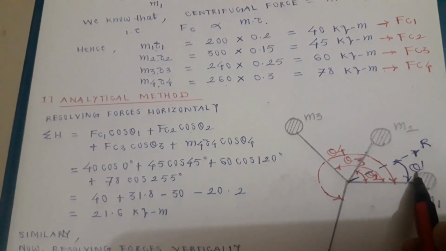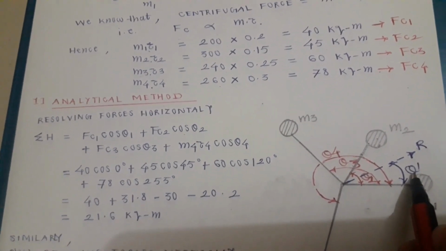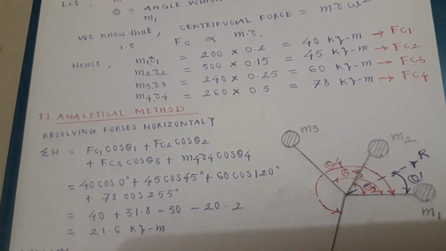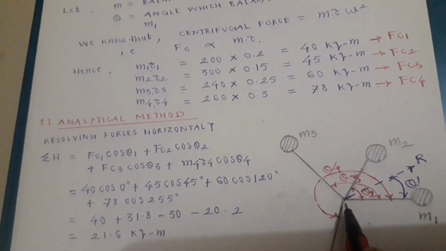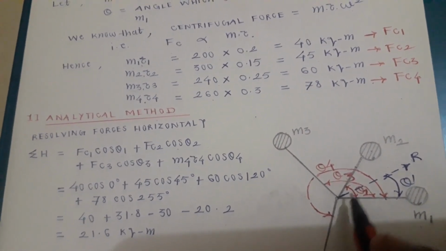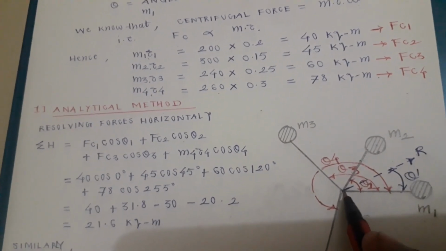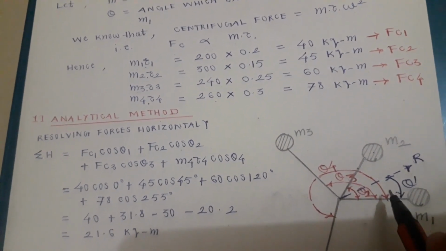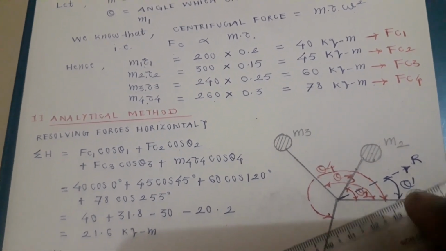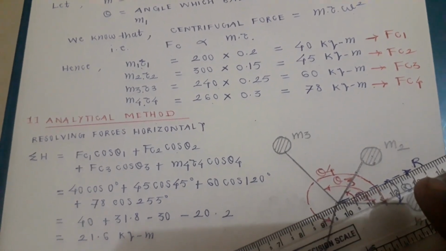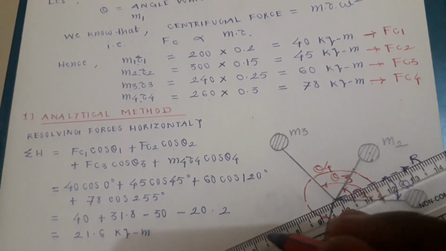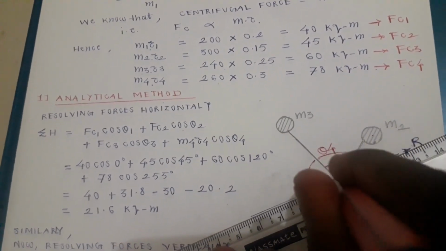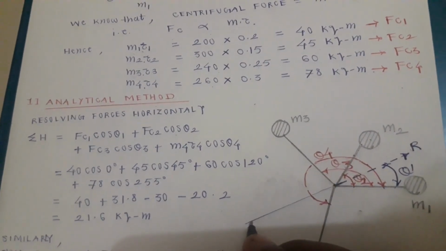With theta dash, already we have calculated its value. We will show that the balancing force will be equal in magnitude to this resultant force, but opposite in direction. So therefore we can draw the position of this particular balancing force in the opposite direction.